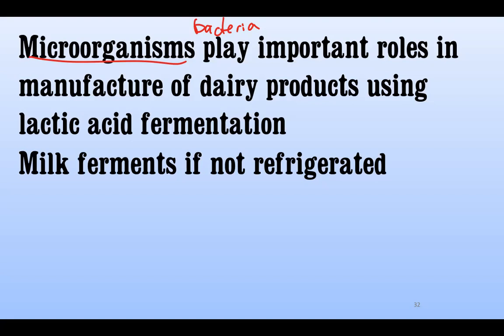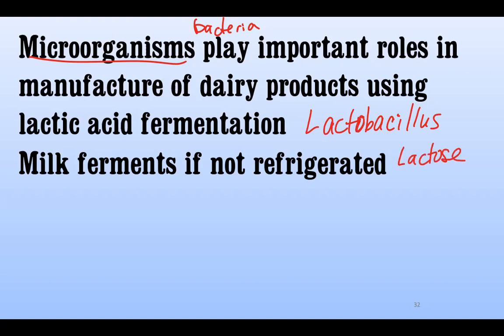Okay. So what happens to milk if you leave it outside of the fridge? Let's say you wait 4 days. You take the milk out and 4 days later, you're like, oh my gosh, I forgot the milk is out. It ferments, okay? There's bacteria in milk that is part of a species called lactobacillus, and there is a sugar in milk called lactose.